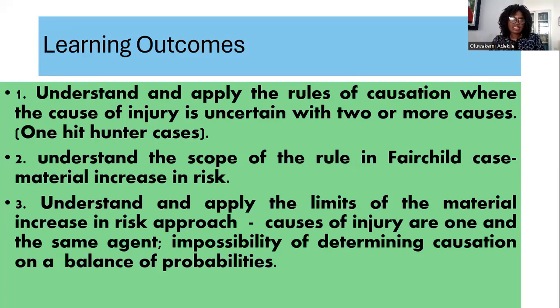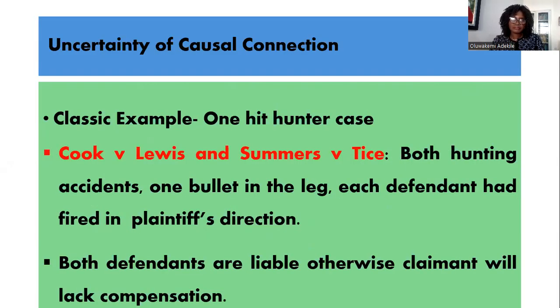Then be able to understand and apply the limits of the material increase in risk approach that was established in the line of cases regarding Fairchild, where you have causes of injury that are more than one, caused by the same agent, and you find it impossible to determine the causation on a balance of probability.